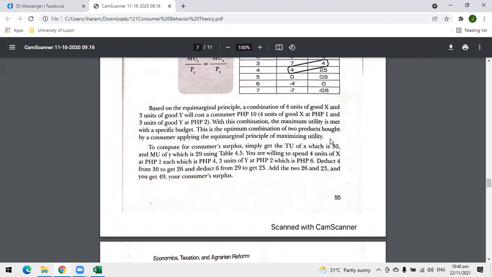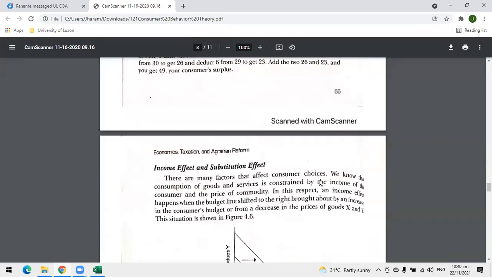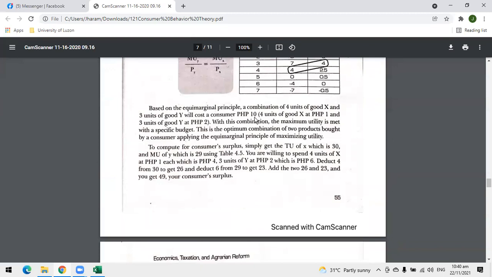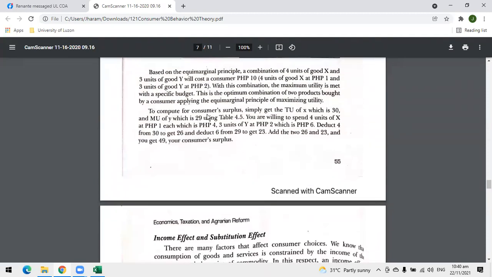This is in no way related to the budget line plus indifference curve we discussed earlier, because here you look at marginal utility, and from the marginal utility you compute the budget.